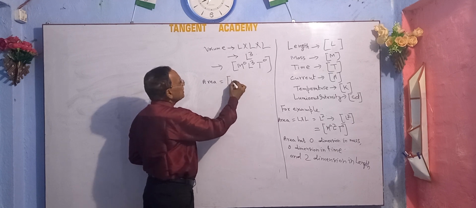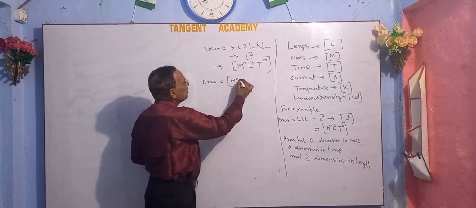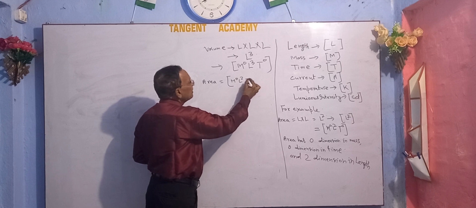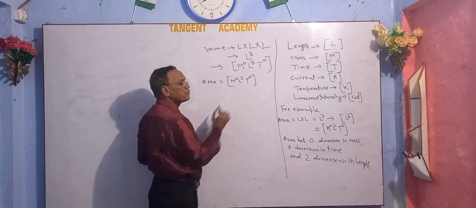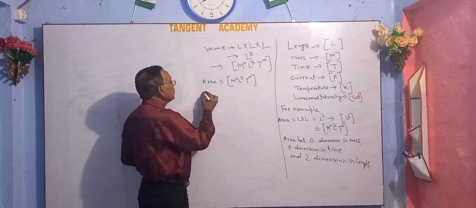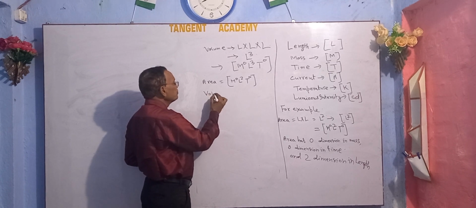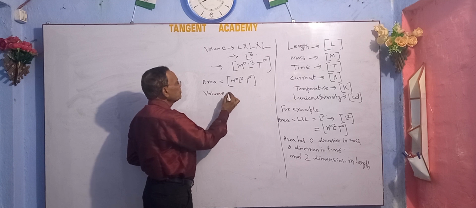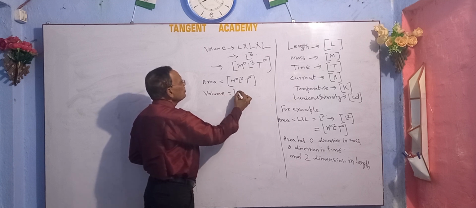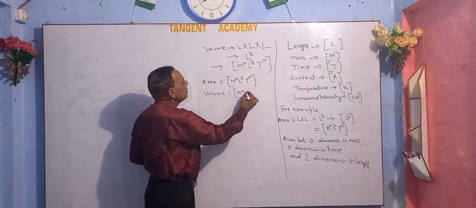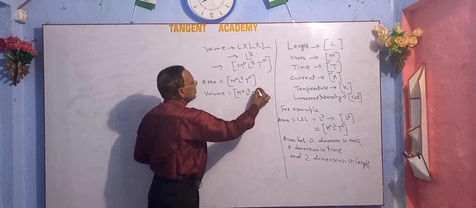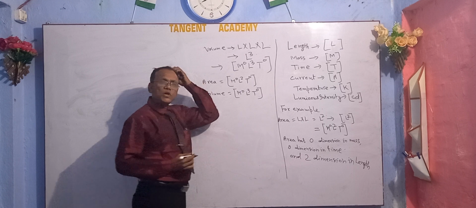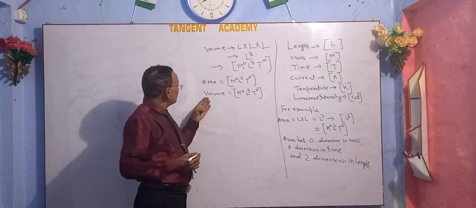Area is given by M0 L square T0. This is the dimensional formula of area. Volume: M0 L cube T0. This is the dimensional formula of volume.